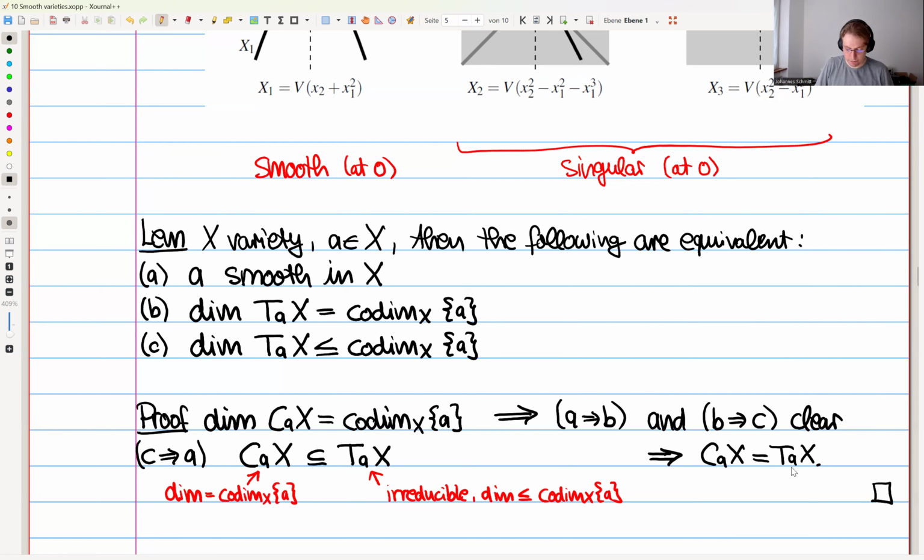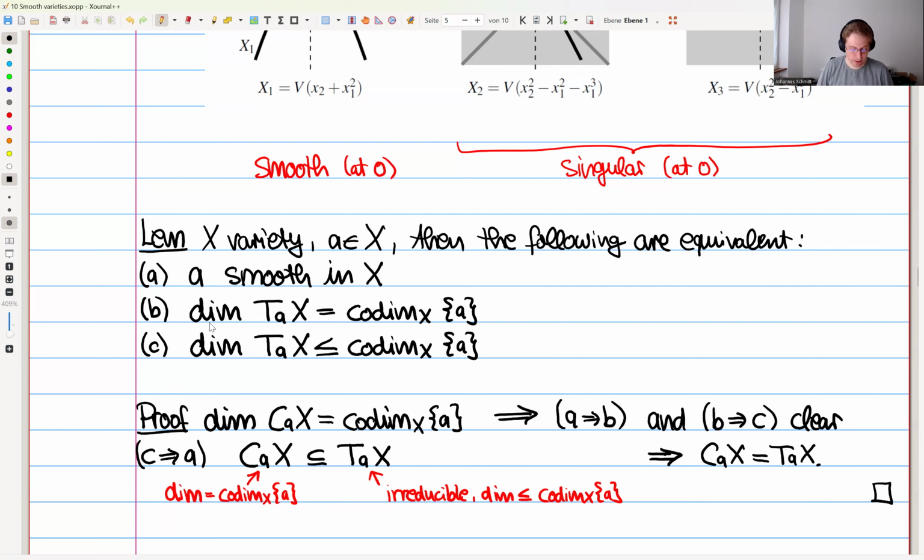So you have to have equality, otherwise you would find a chain of irreducible subsets here, which could be extended once more by T_A of X. And this would give a contradiction, because then the dimension here would be at least one more than this codimension here. Okay. And so this was the full proof.